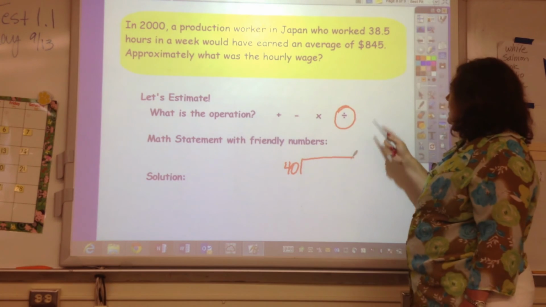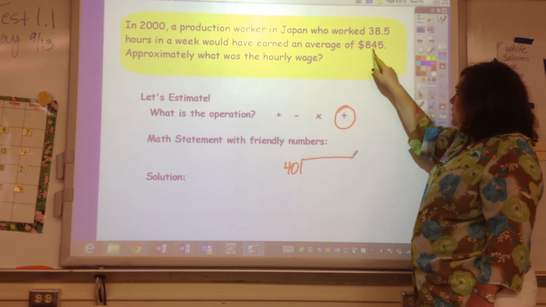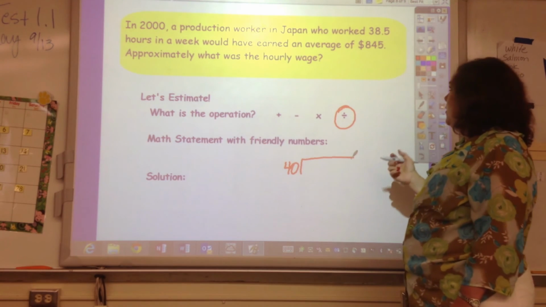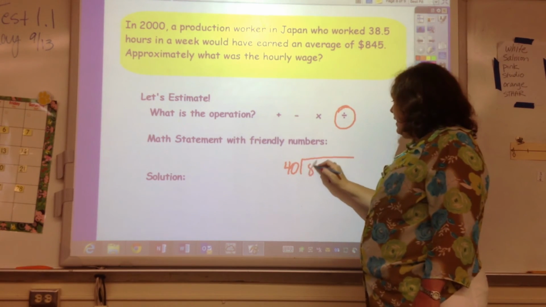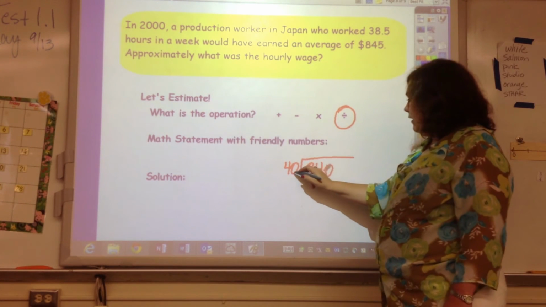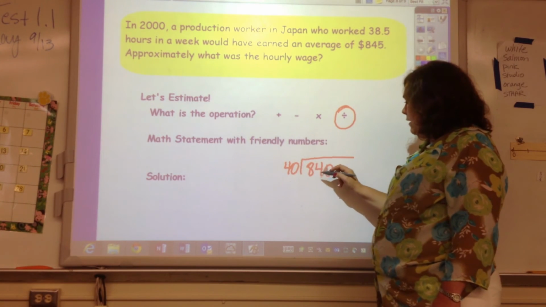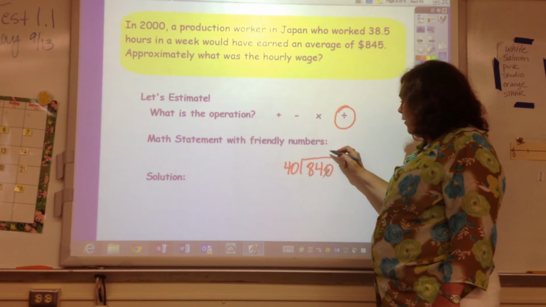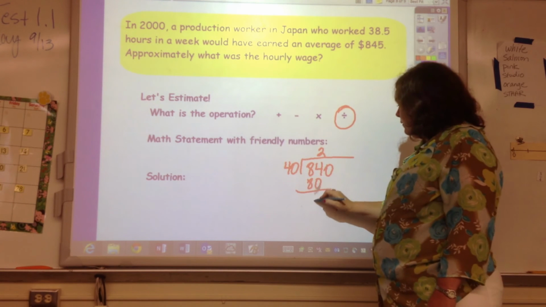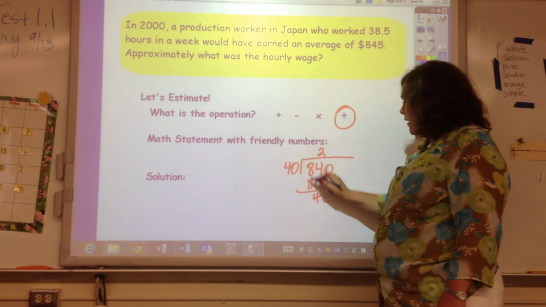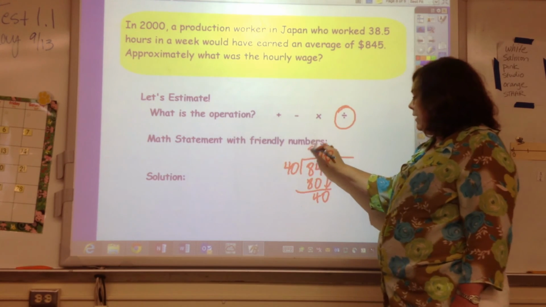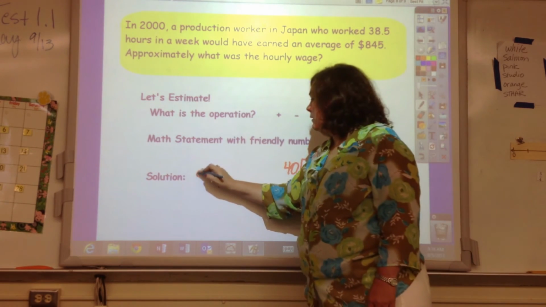And then I've got to say, okay, what can this round to that 40 can go into? Well, if I do 840, that should go evenly. So 40 goes into 84 2 times. Bring down the 0, and 40 goes into 40 1 time. So it's $21, and that makes sense.